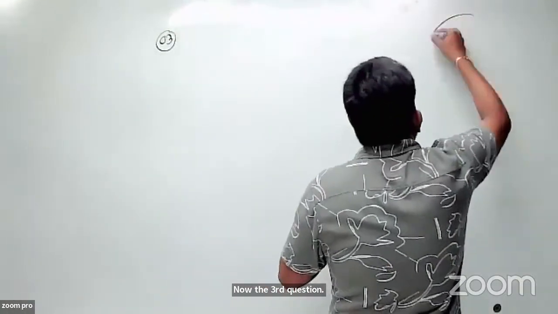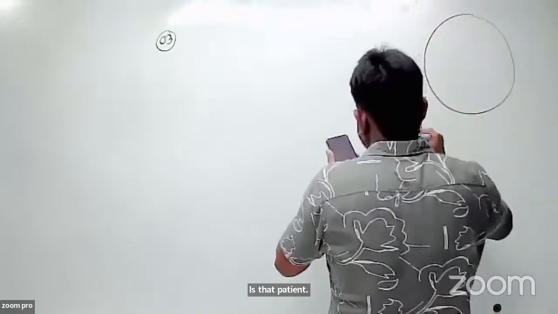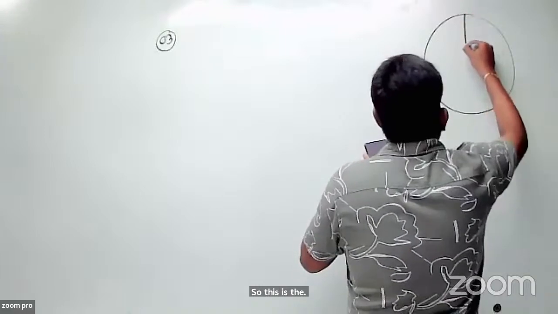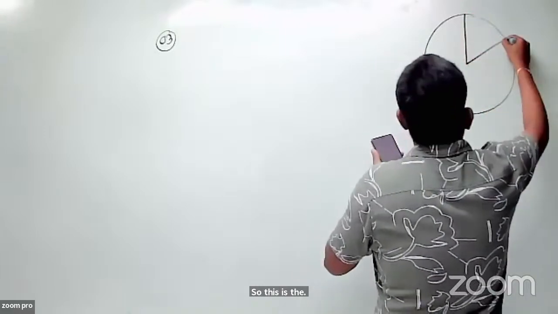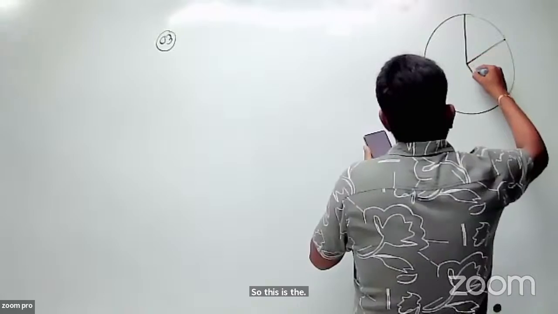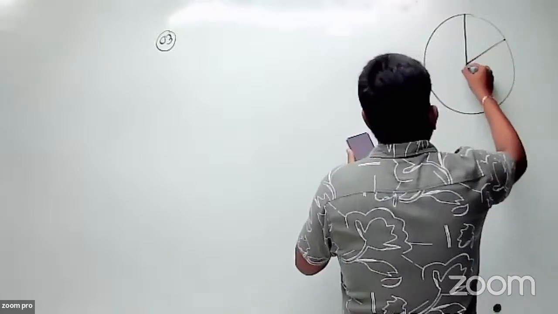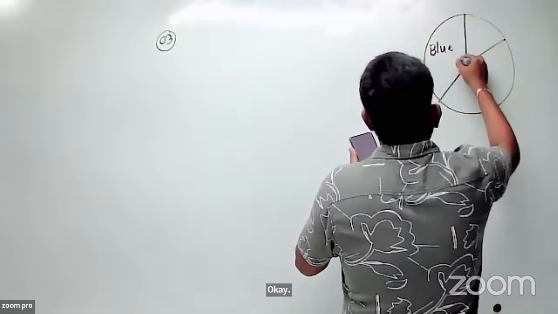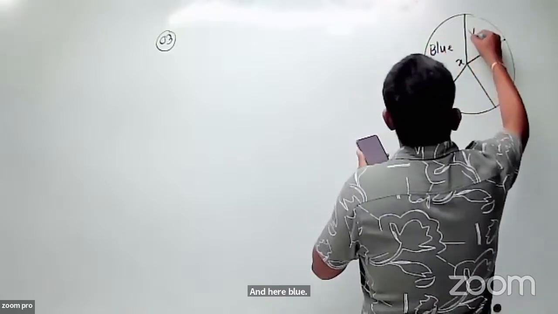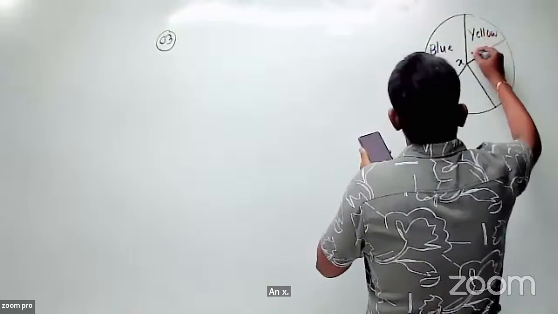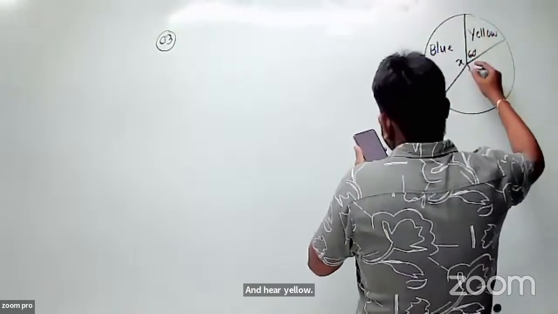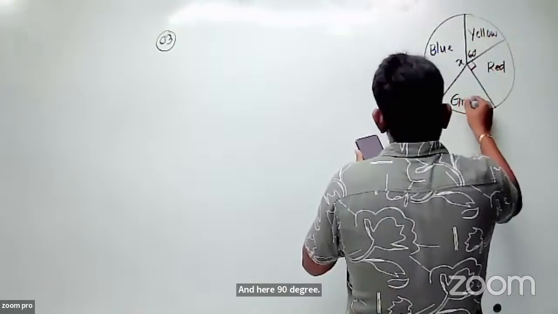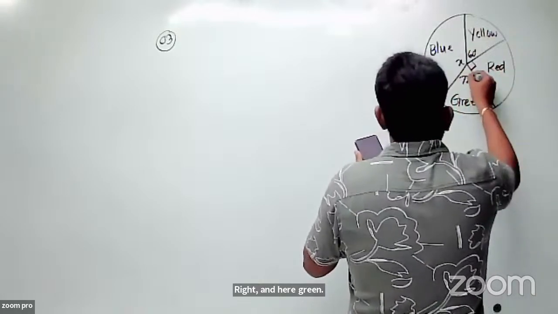So this is the circle. And here blue and x, and here yellow, and here 60 degrees, and here 90 degrees, red, and here green, and 72 degrees.